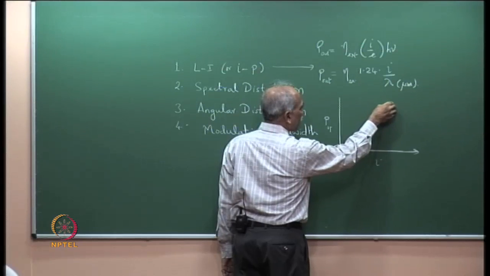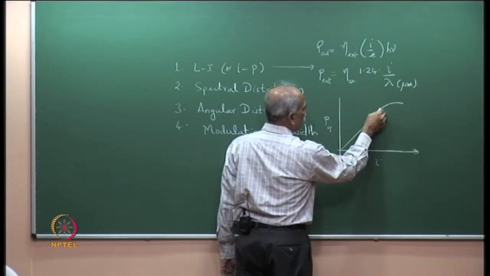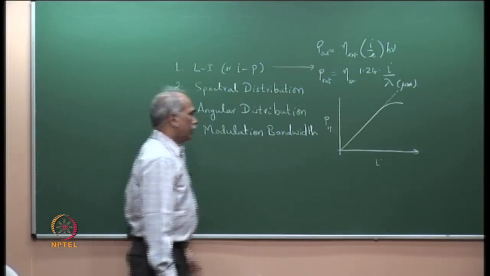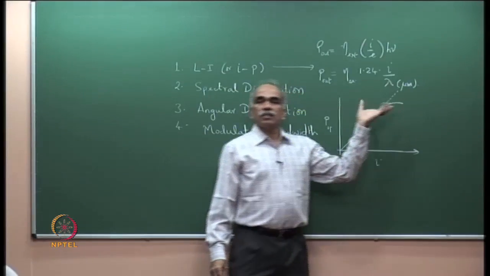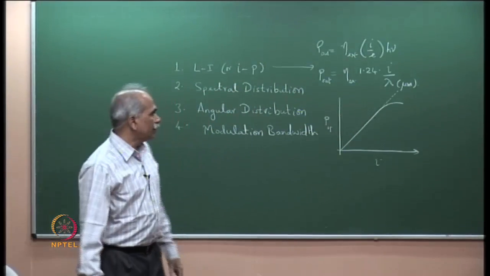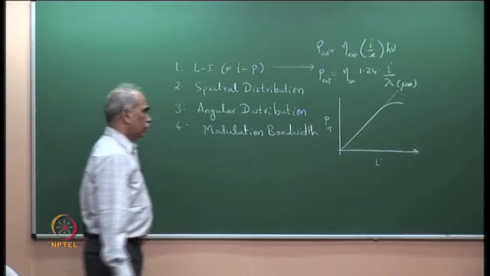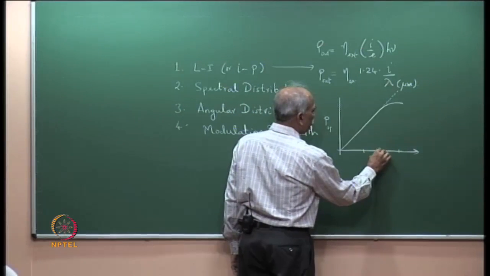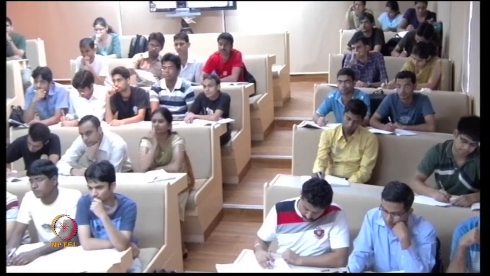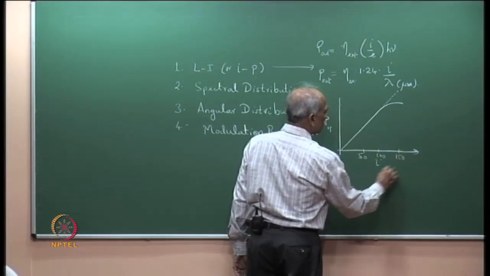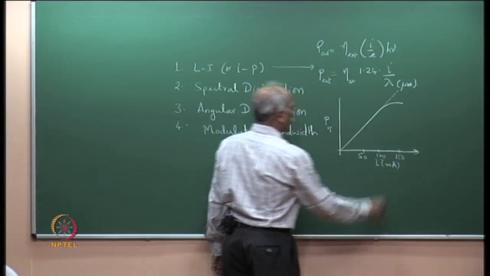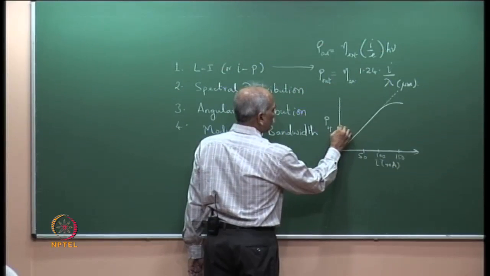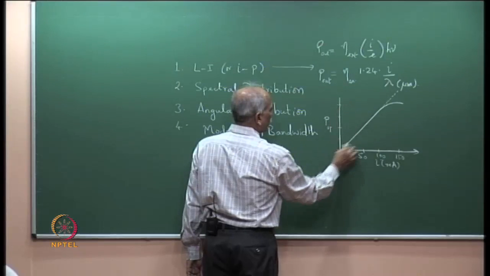But as I said, in practice it deviates from the linear relation at higher currents, and we were discussing why this nonlinear behavior occurs. Typical numbers may be 50, 100, 150 milliamperes for I, and for the optical power 100, 200, 300, 400 microwatts. You should always be familiar with these typical numbers.